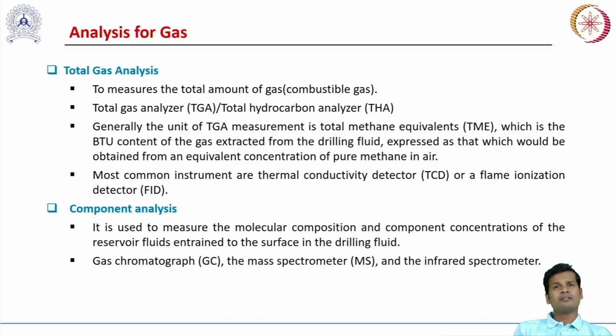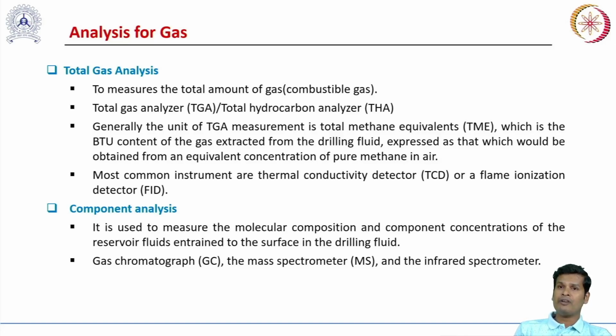So this instrument is many times also called the total hydrocarbon analyzer, THA, or many times in the mud log you will see this written as total gas analyzer or TGA. Generally the TGA measurement unit is represented as the total methane equivalent or TME, which is the BTU content of the gas extracted from the drilling fluid, expressed as that which could be obtained from an equivalent concentration of pure methane in air.